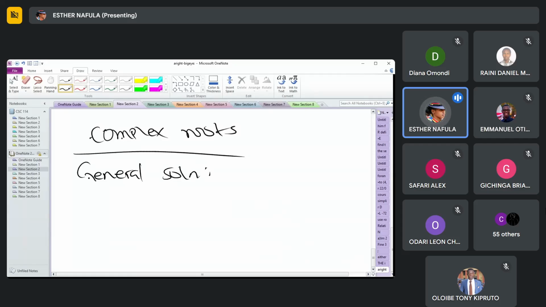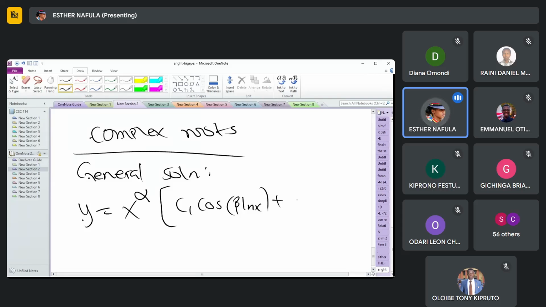The general solution is y equals x raised to alpha times c1 cos beta ln x plus c2 sin beta ln x.